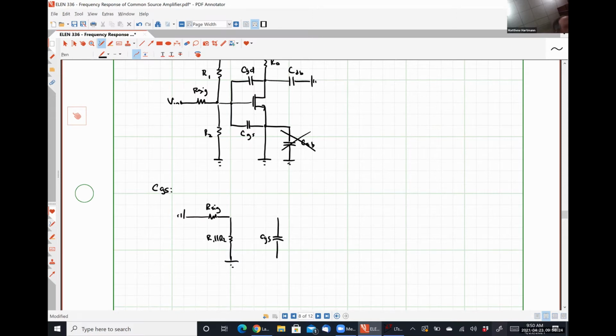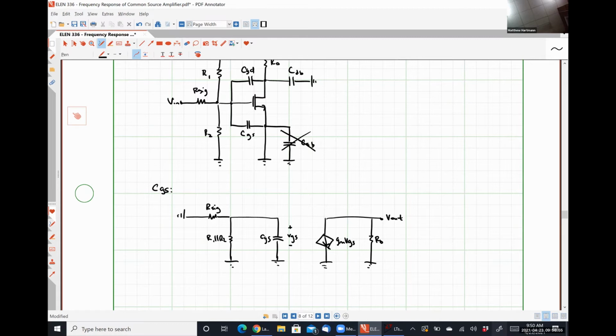Here is CGS. Here is VGS. GM VGS. RD, and here is V out.